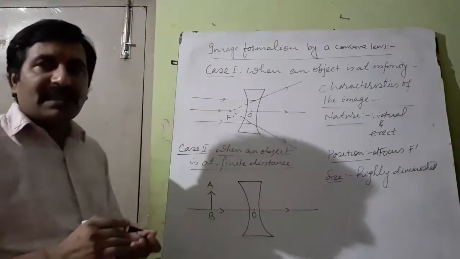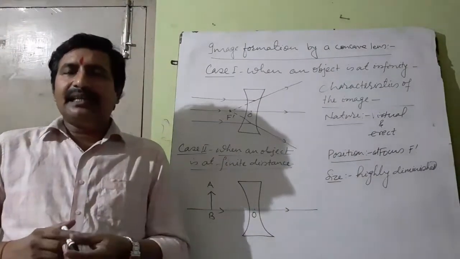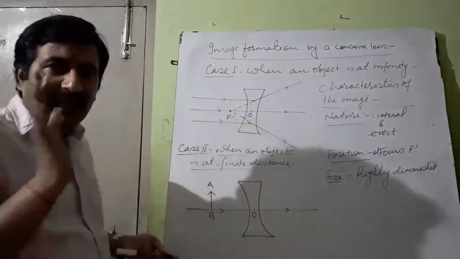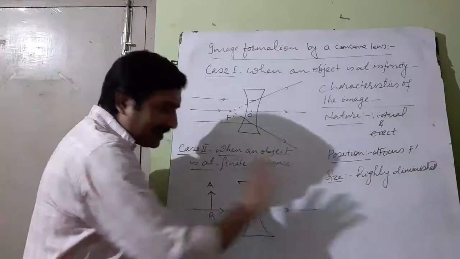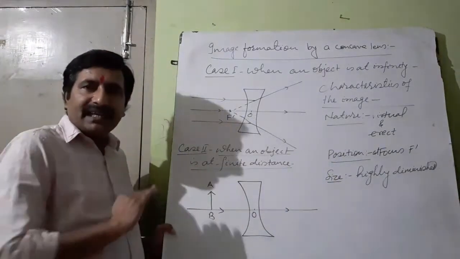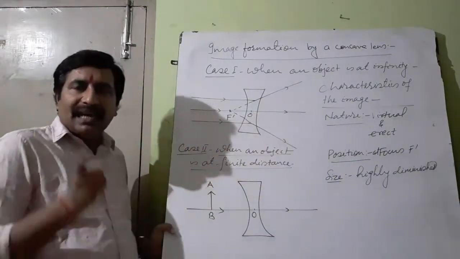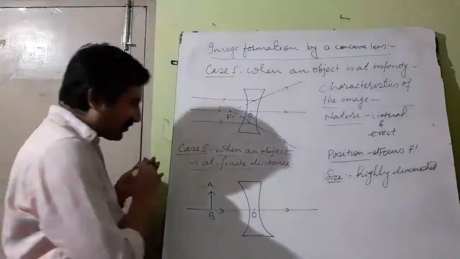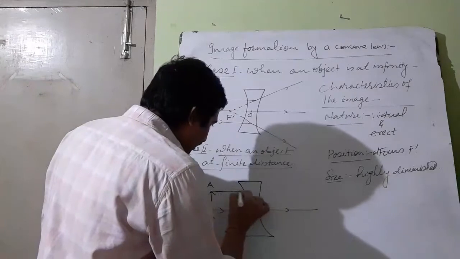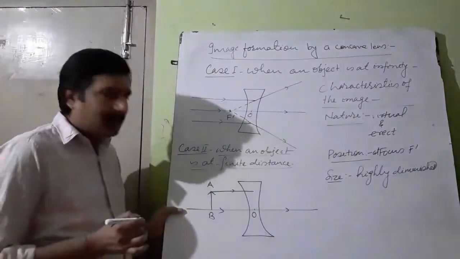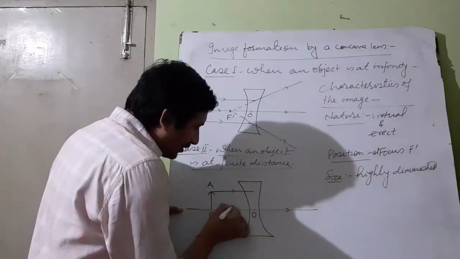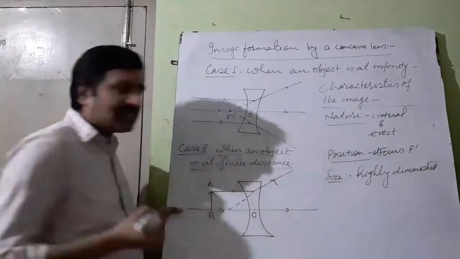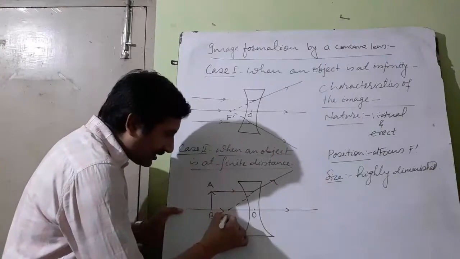Now, I discussed earlier what rays can be used to draw the ray diagram. So one ray I have taken through the optical center; it passes without any deviation. Another ray I take parallel to the principal axis, so it will appear to be diverging from the focus. This is the secondary focus F dash.